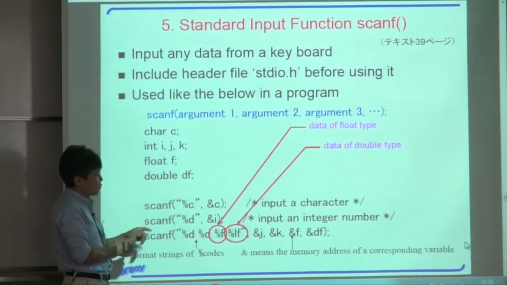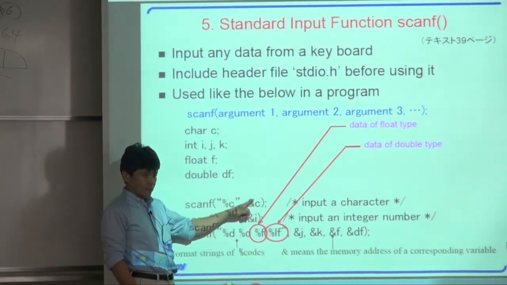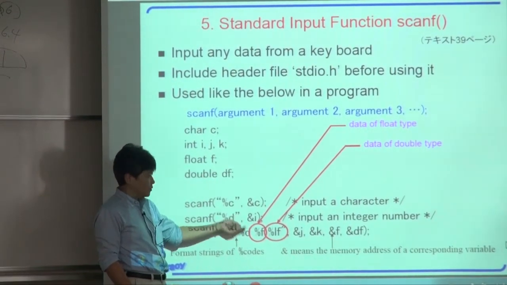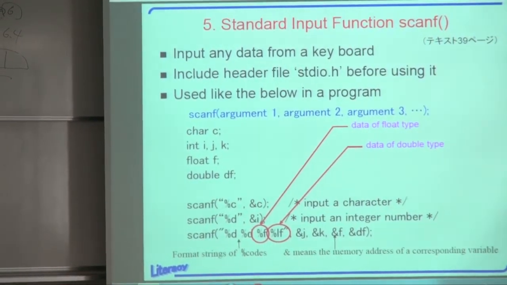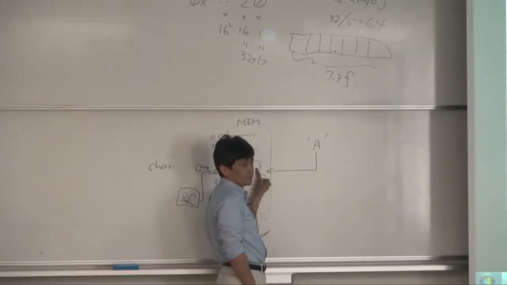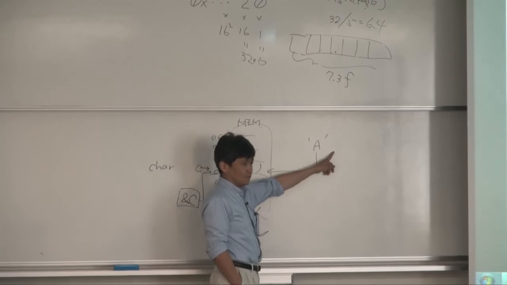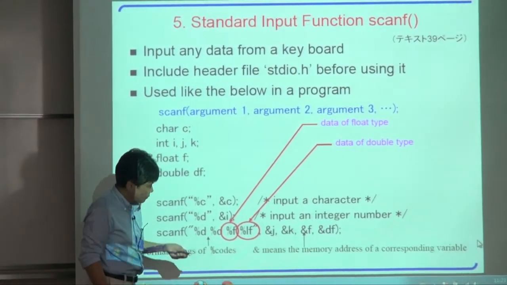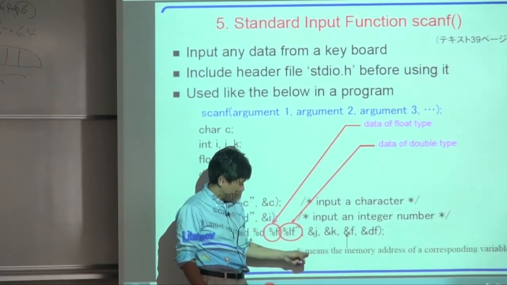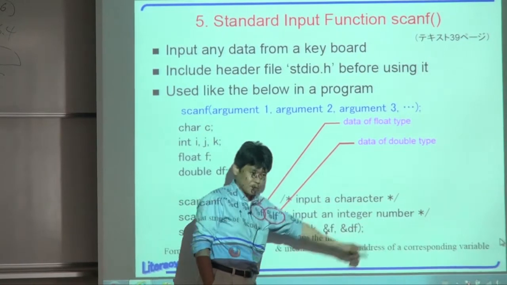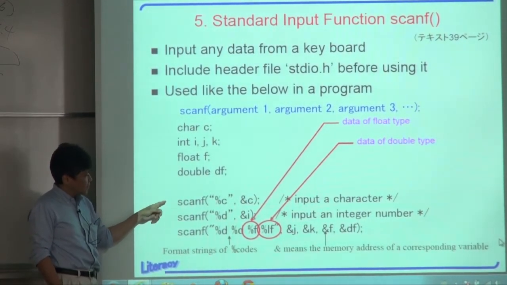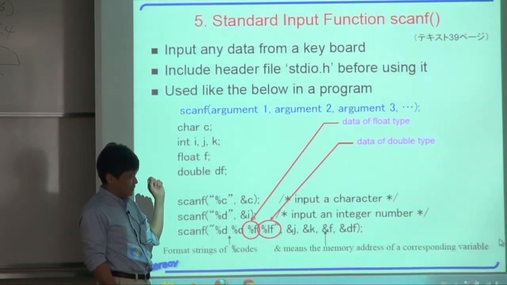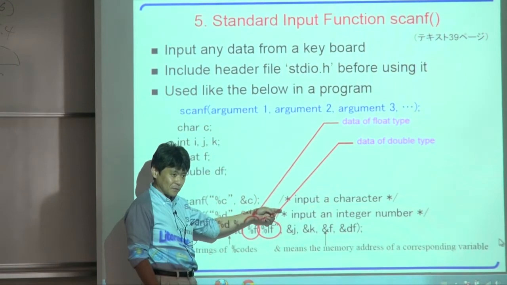So by specifying the ampersand and the variable name, you can let the program know the location of the variable, and the program can store the entered character into the correct location. Okay. As I explained, the ampersand means the memory address of the corresponding variable. Whenever you use the scanf function, usually you have to put the ampersand before each variable.